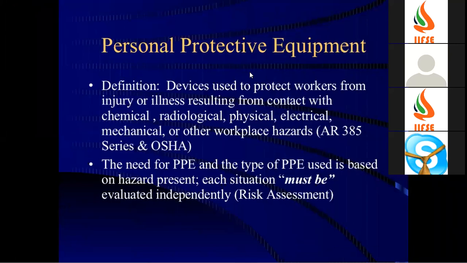So what does the definition mean? Devices used to protect workers from injury or illness resulting from contact with chemicals, radiological, physical, electrical, mechanical, or any other workplace hazards. There are different kinds of personal protective equipment in different companies.